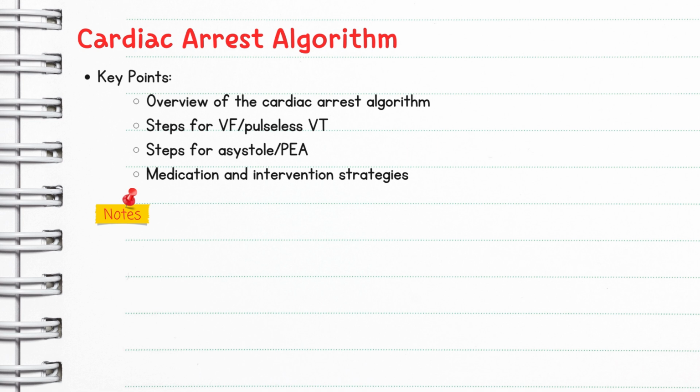So for the cardiac arrest algorithm, this is for VFib and pulseless VTAC, and the first step in it is administering high quality CPR. It includes options like administering epinephrine every 3 to 5 minutes, and it's going to tell you to consider things like amiodarone or lidocaine for arrhythmias. And then it basically just guides you in how you go.